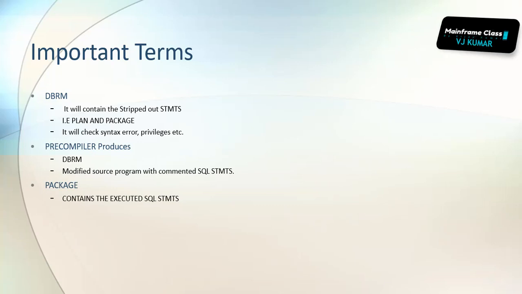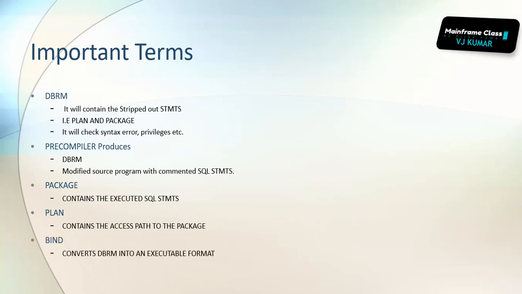A package contains the executable SQL statements, and the plan contains the access path to the package, whereas binding converts the DBRM after pre-compiling. So we did the binding, right? In the bind we have mentioned the plan and the package. Plan contains the access path to the package where all the executable SQL statements are there.